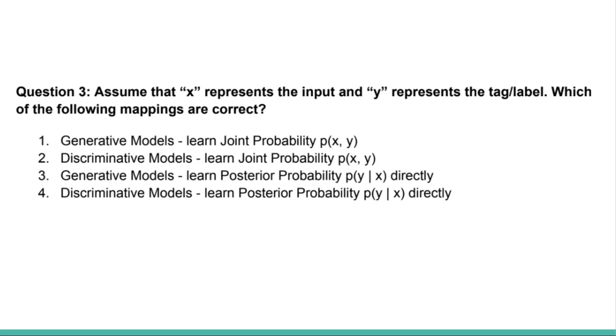Generative models are also called joint models because they use the joint probability, the probability of x comma y.